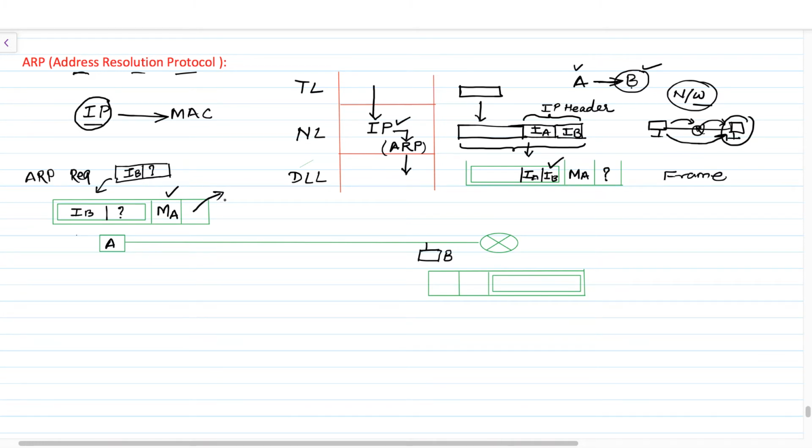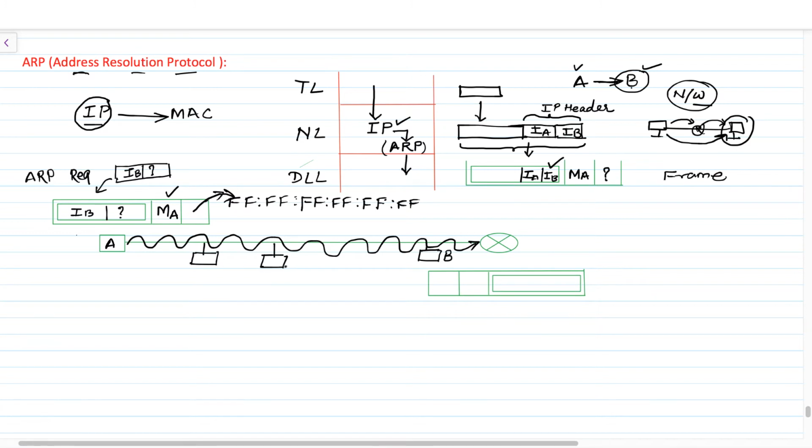So as the destination MAC address, we are going to mention the broadcast address, meaning all the bits are 1. So this address will be present here. When this packet is forwarded on this network, all the hosts present in this network will be able to listen to this request.